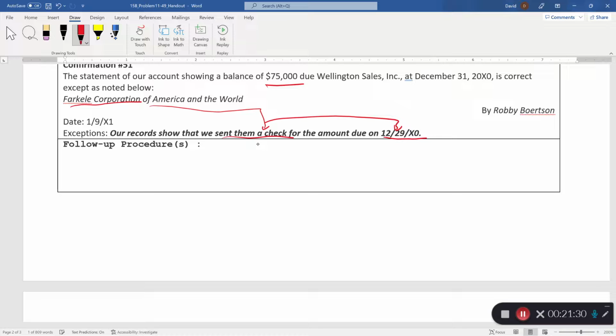Okay. And so what can we do for this one? So determine if the check was received.